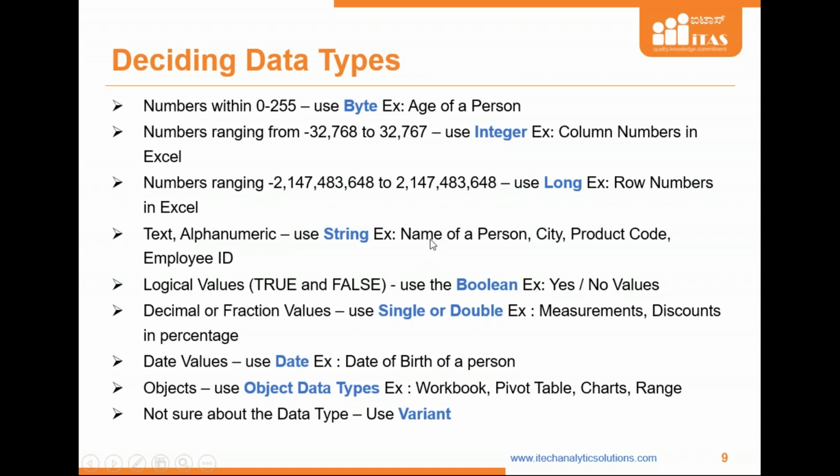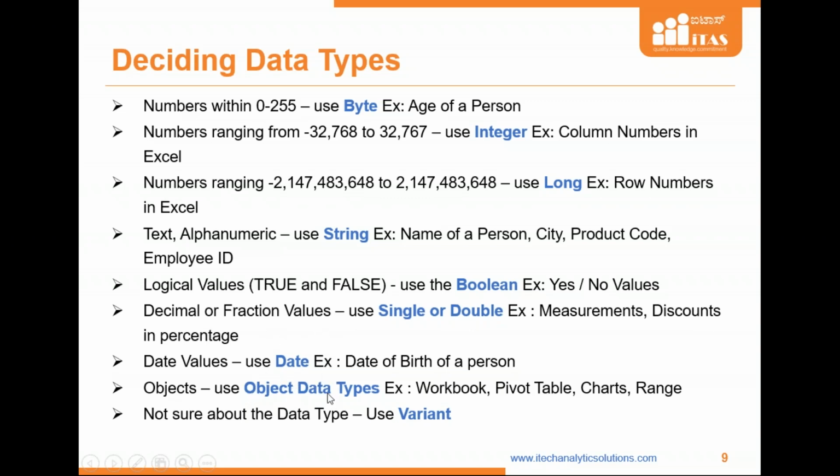Then I was talking about string, that is a person name or a city or a product code, employee ID. These kinds of things I can use string for. If I say true or false, then I can go for boolean. I was talking about decimal numbers. Wherever you see some decimal numbers, then I can go for single or double. Date of birth, or date of joining, or anywhere you're trying to store your date, then I can use the date data type.